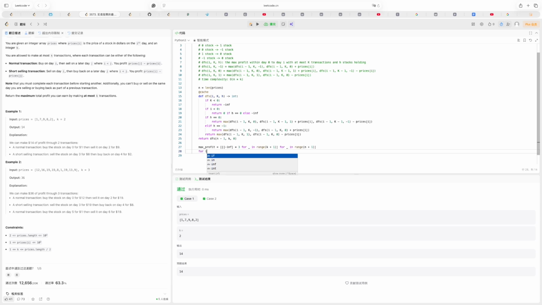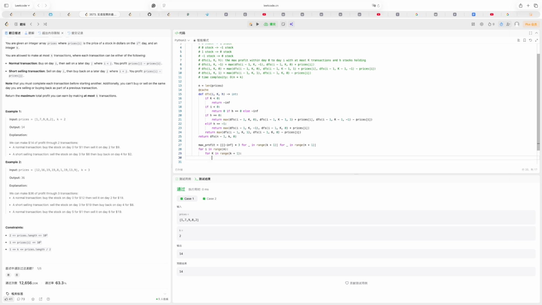And we will start our for loop for I in range n, and for K in range K plus 1, and we'll have 3 kinds of H. The first one will be max profit I plus 1, since we have a dummy node, and k, and 0.